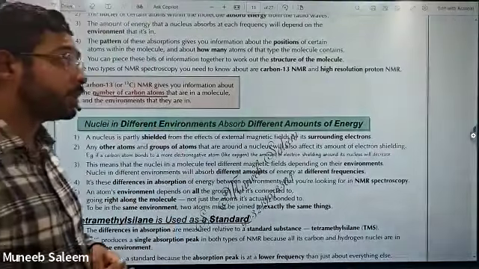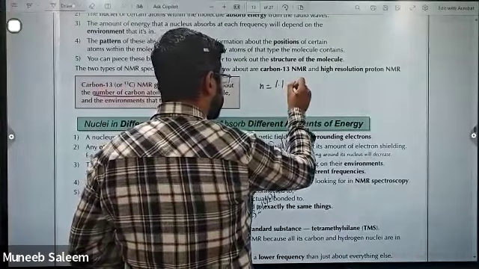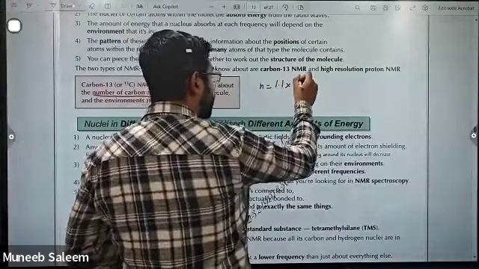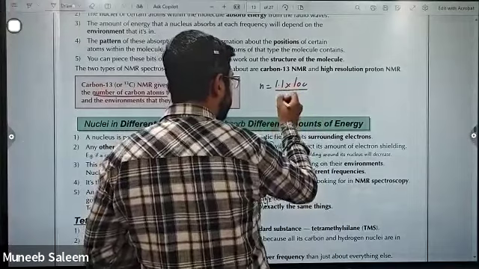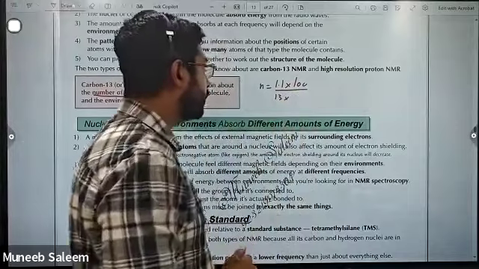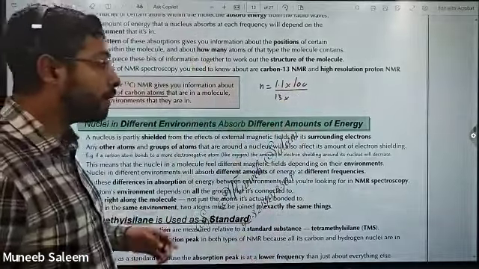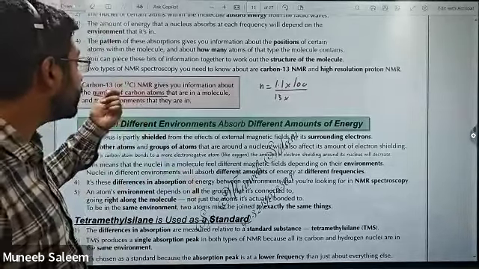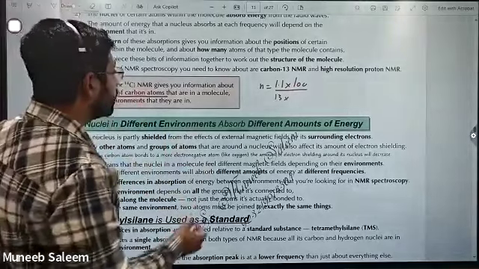Just like in AS, you had the formula N equals 1.1 into 100 divided by 13. In this case, we don't have such a formula, but we are going to interpret the number of carbon atoms present in the molecule.